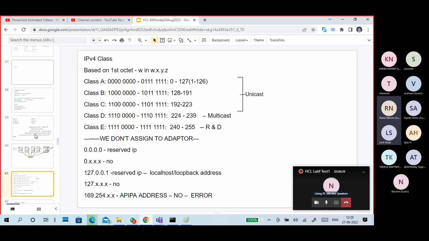Class B is 128 to 191, class C is 192 to 223.